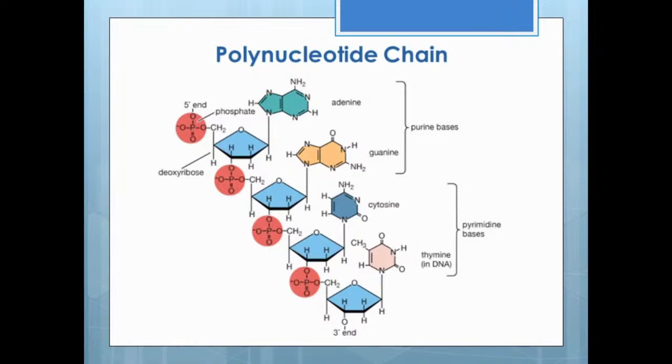One more thing we want to tell our students is that in this polynucleotide chain, the pentose sugar and phosphate group together make the backbone of this polynucleotide chain, and the nitrogenous bases remain free to form hydrogen bonds with the nitrogenous bases of the other strand of DNA to make the double-stranded structure in a DNA duplex.